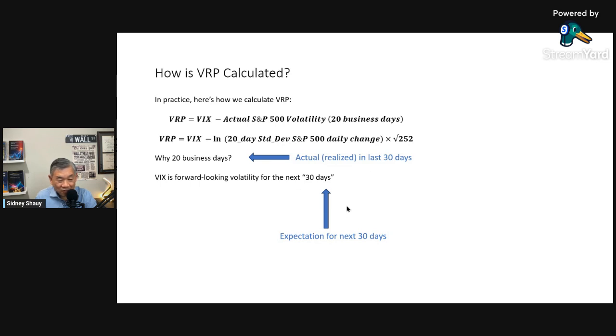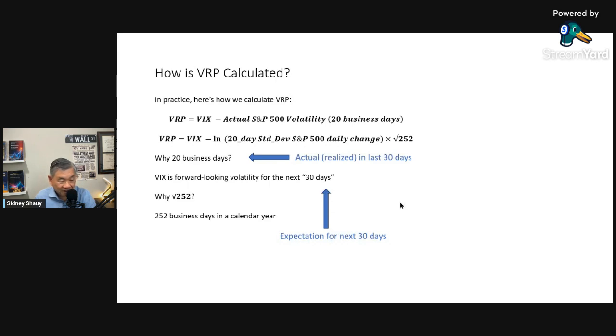So we want to compare oranges to oranges. If the VIX is about the next 30 days, we want the second part of this equation to be on the same terms. It also has to be the last 30 days, which is about 20 business days in general.